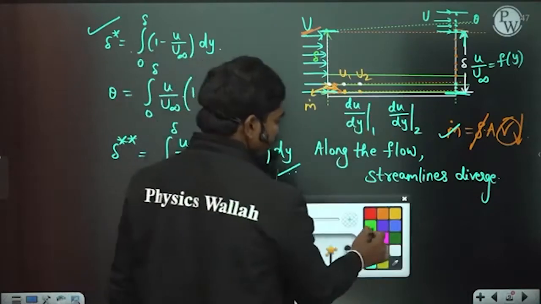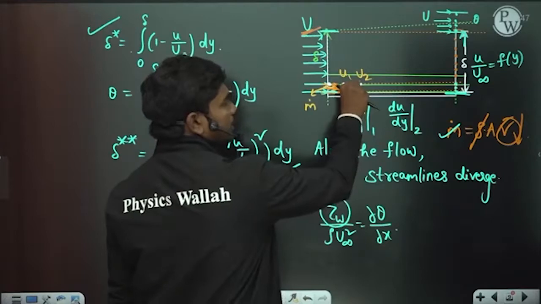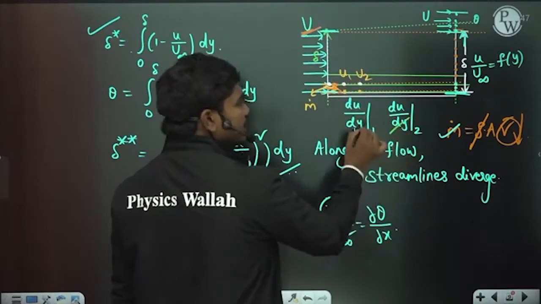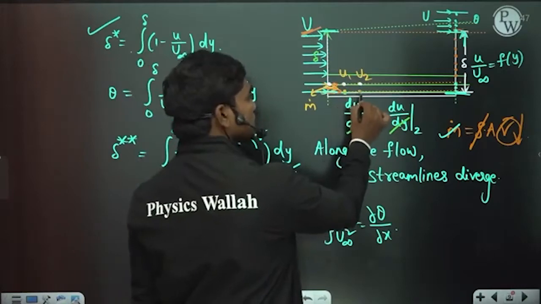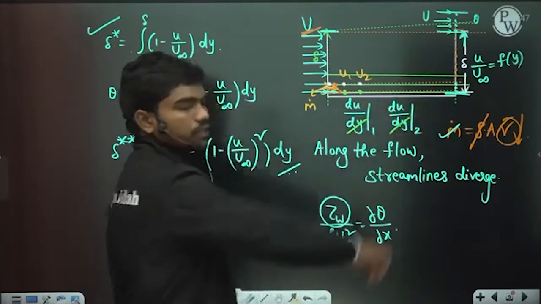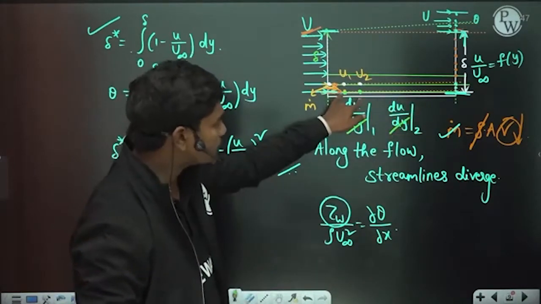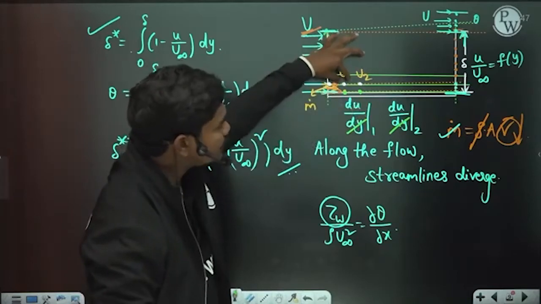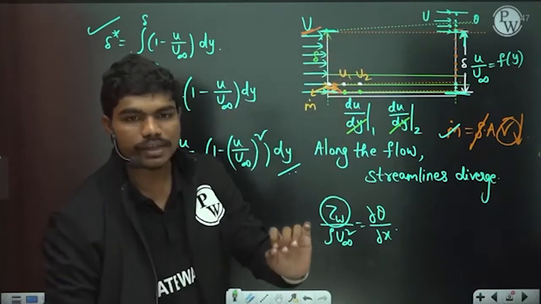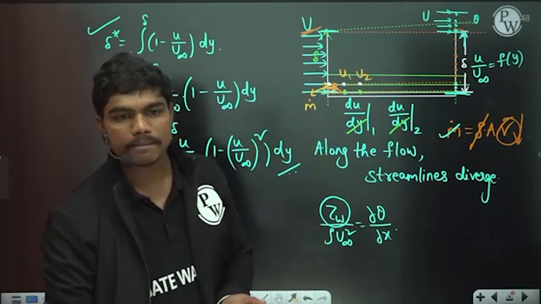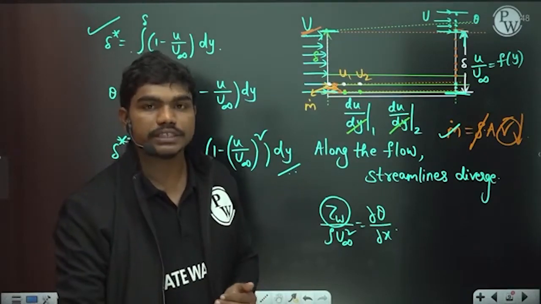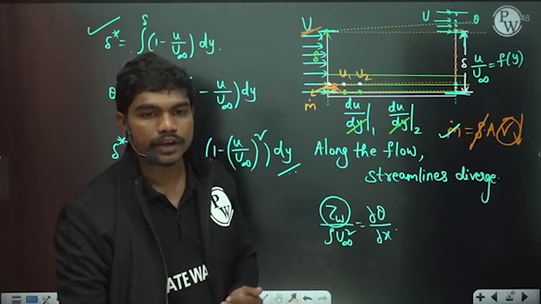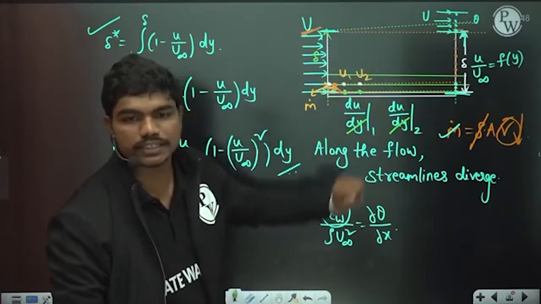Now if you see carefully, if this small deflection in the streamline is neglected, dy is the same in both cases. Both the velocities are 0 here because the plate is in direct contact with the fluid. Here u1 is greater than u2. Which difference will be higher, u1 minus 0 or u2 minus 0?